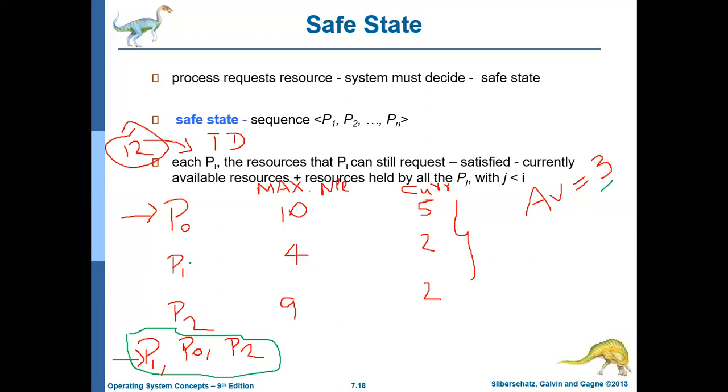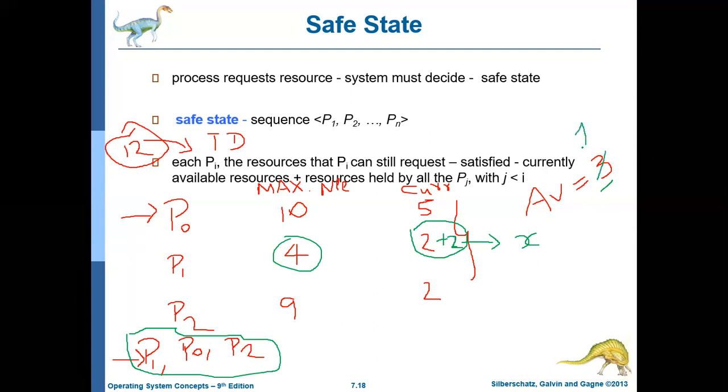Let us assume that P1 asks for another 2 tape drives. It needs a maximum of 2 more; already it got 2. So another 2 are allotted to P1, and all its requirements are satisfied. It may execute for some more time, say X amount of time. Once these 2 tape drives are given to P1, the number of available resources is 1.